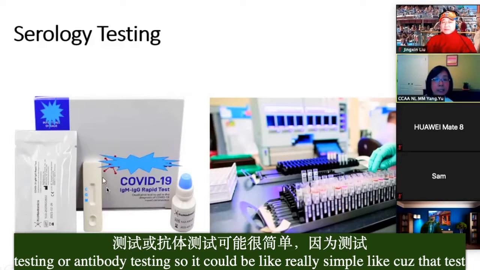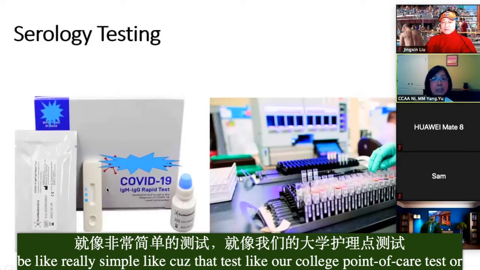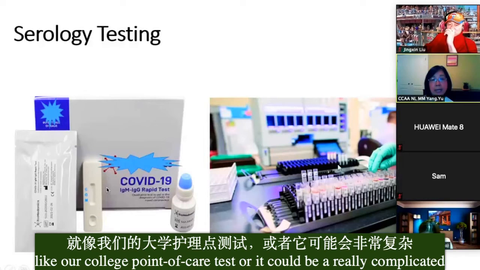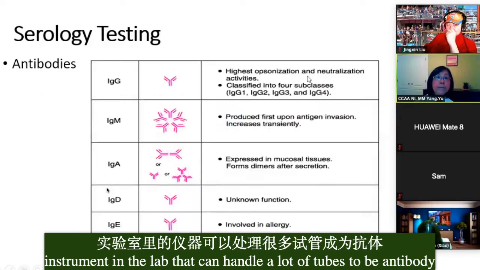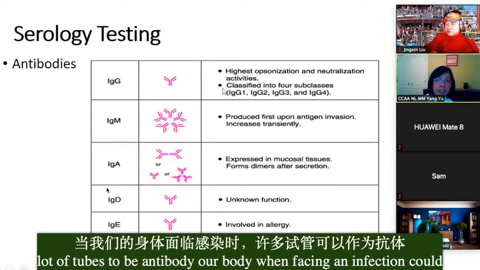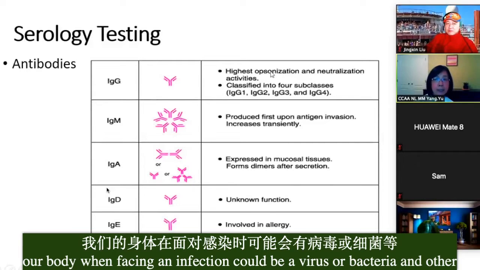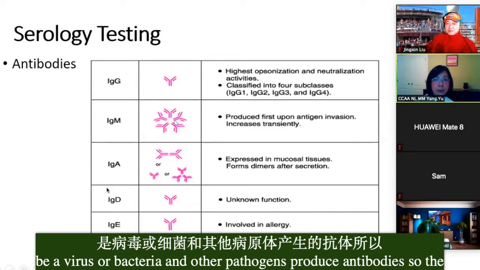It could be really simple, like a cassette test, called a point of care test. Or it could be a really complicated instrument in the lab that can handle a lot of tubes to give antibody results. Our body, when facing an infection, whether a virus or bacteria or any other pathogen, produces antibodies.